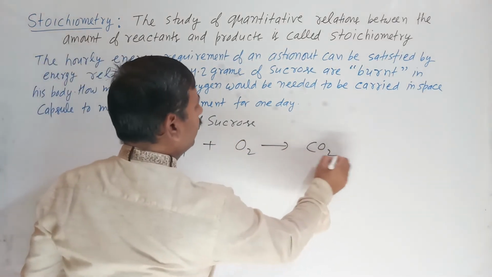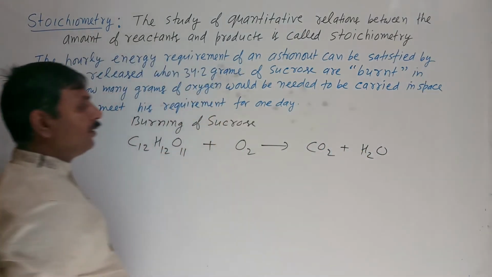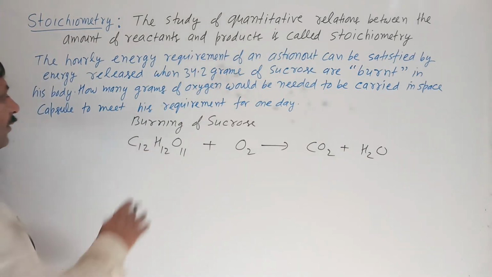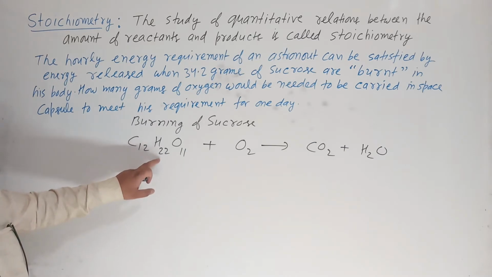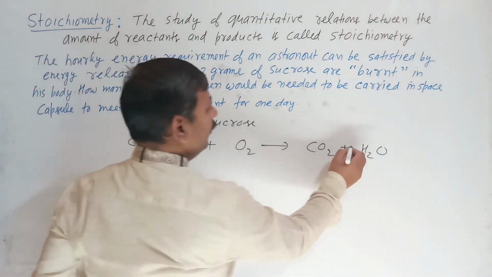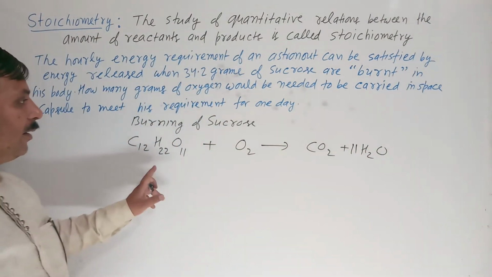They are forming carbon dioxide and water. Balance the equation. This is H22. How many hydrogens are here? 22. So how many water molecules will form? 11, 2 elevens are 22. Firstly, balance the equation.